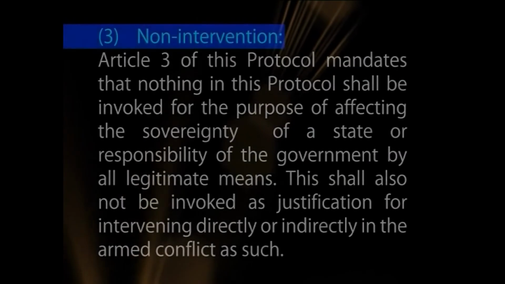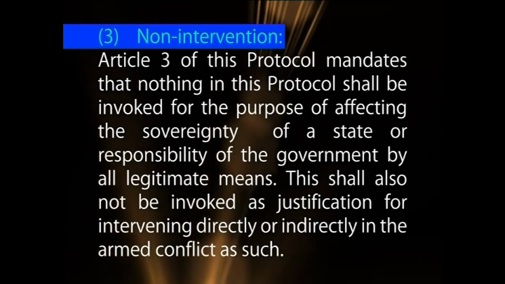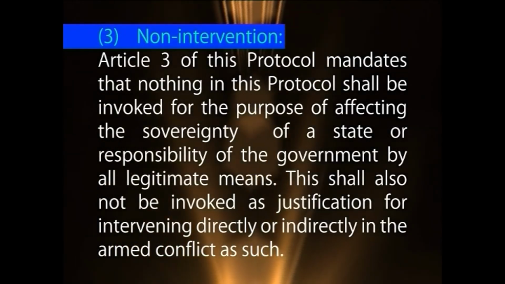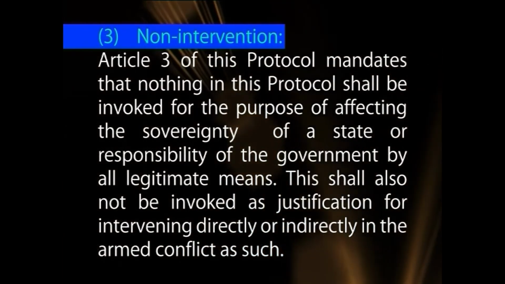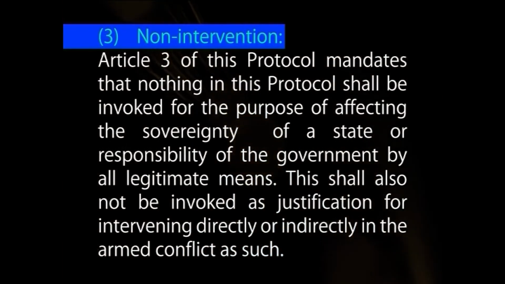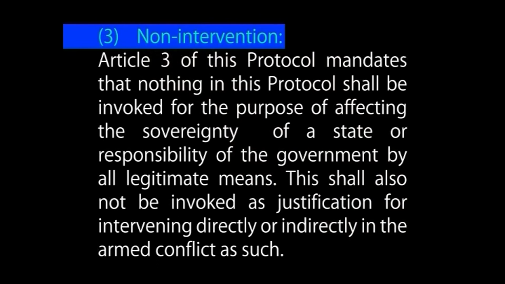Number 3. Non-intervention. Article 3 of the protocol mandates that nothing in this protocol shall be invoked for the purpose of affecting the sovereignty of a state or the responsibility of the government by all legitimate means. This shall also not be invoked as justification for intervening directly or indirectly in the armed conflict.